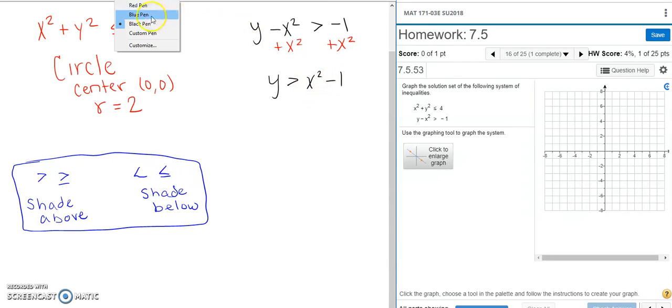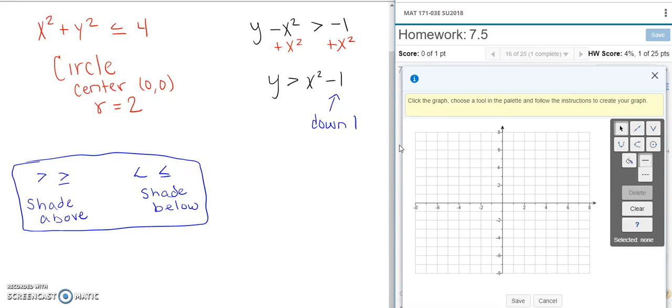So this is a parabola, and because of that minus 1, I can see that it's been shifted down 1. That's using my transformation rules. It opens up because this is positive here, and it has this minus 1, so that means it's shifted down 1. So all of that we're going to use when we're graphing.